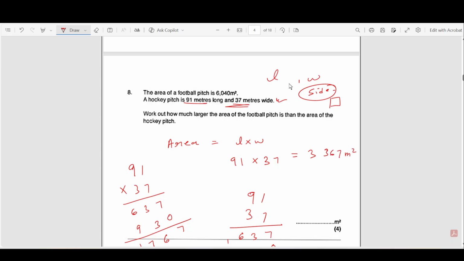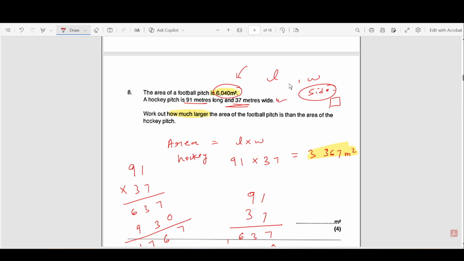Now we have the other area, right? This is the area of football, this is the area of hockey. Now we need to compare this area with this. To compare, it says how much larger one area is than the other. So we need to subtract the area of hockey from football.